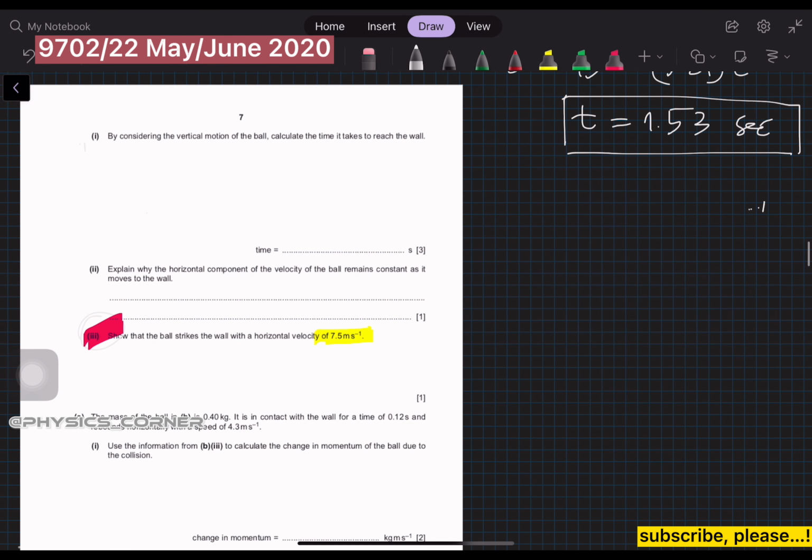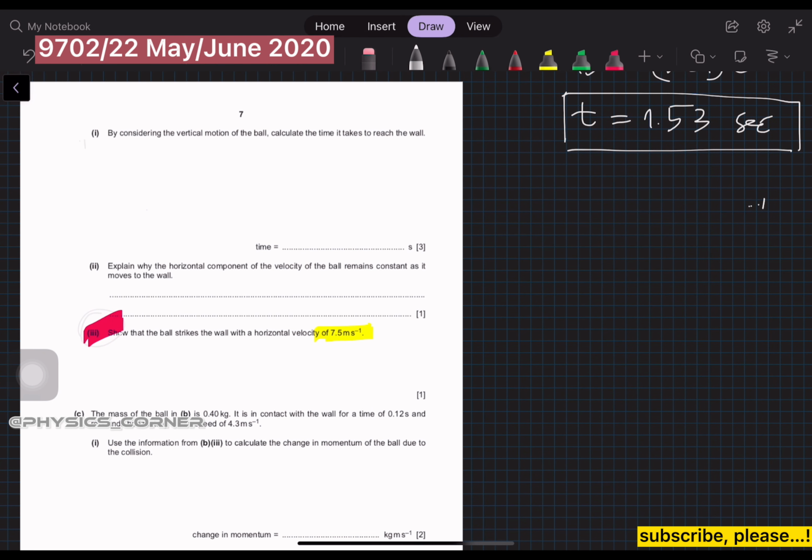Explain why the horizontal component of velocity of the ball remains constant as it moves to the wall.